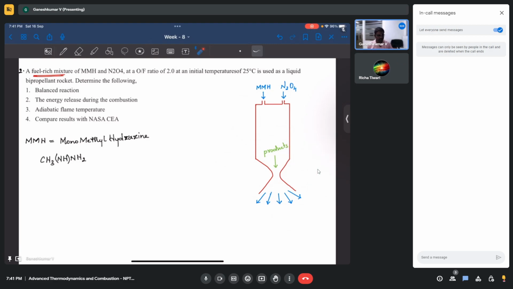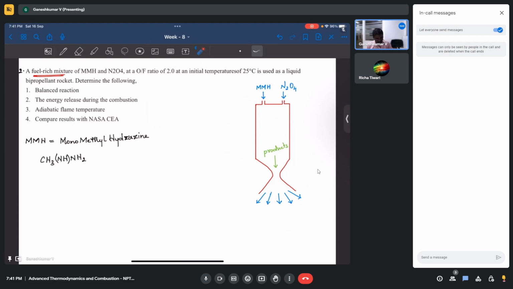That is why I need to study how combustion happens inside a rocket motor, what the highest temperature you can reach is, and what products you can get at the end of this combustion chamber. That is going to ultimately affect the performance of a rocket. That is the reason we study these things for any combustion system.